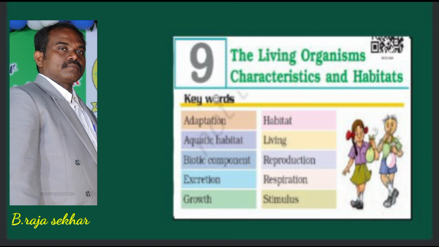We know that different types of habitats are there. They are terrestrial habitat, aquatic habitat, desert habitat, forest habitat, mangroves, etc. These are the different types of habitats.